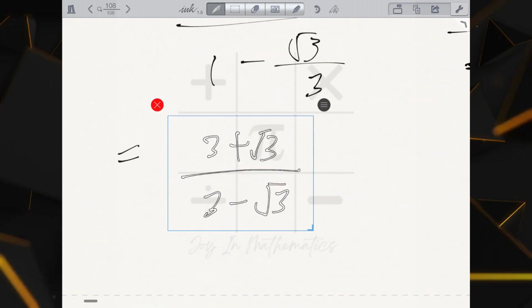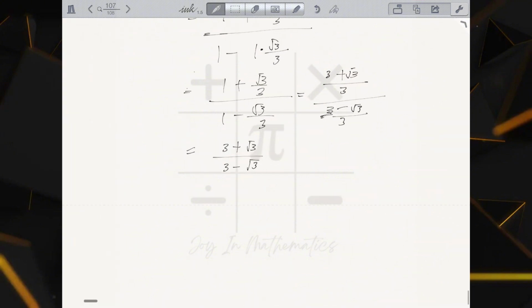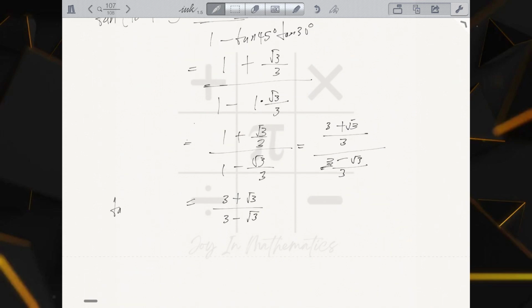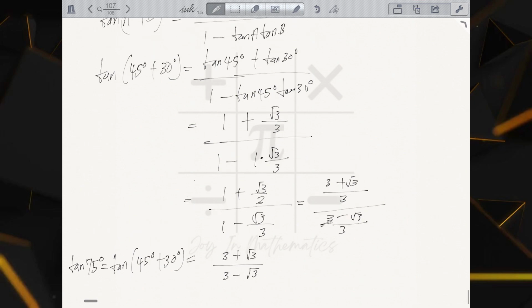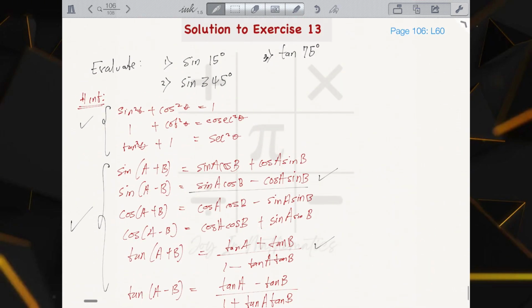Let's rewrite it. 3 plus root 3 divided by 3 minus root 3. And this is an expression for tan 45 degrees plus 30 degrees, which is equivalent to tan 75 degrees. Now we have solved the 3 questions involving sum and difference of angles.